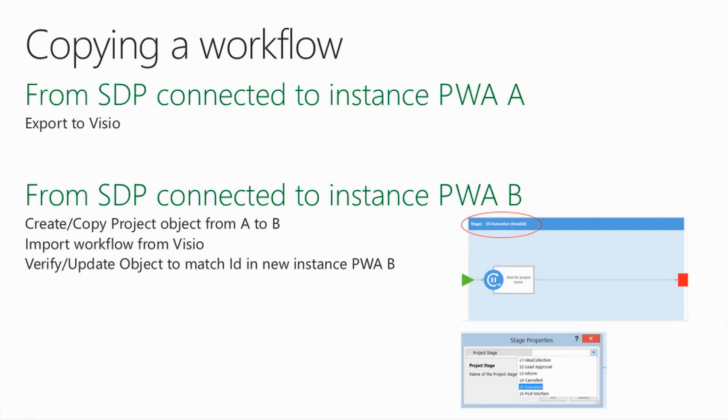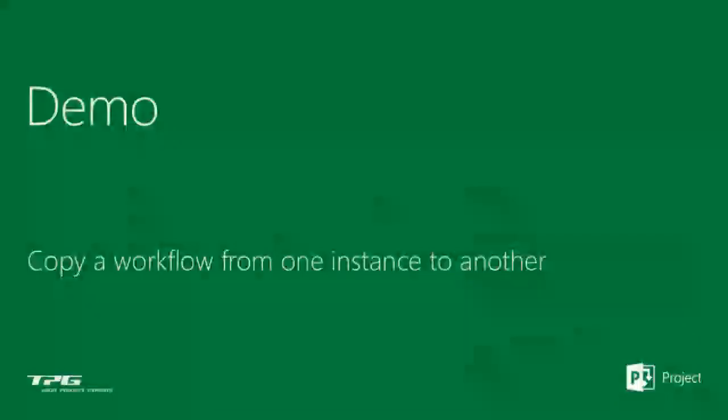So once you've created the objects in Project Server, you import the workflow from Visio, and you verify if the objects are matching, and then voila, you have your workflow copied from one instance to another. I will maybe skip the demo because I'm running a bit out of time, so I want to leave time for questions.